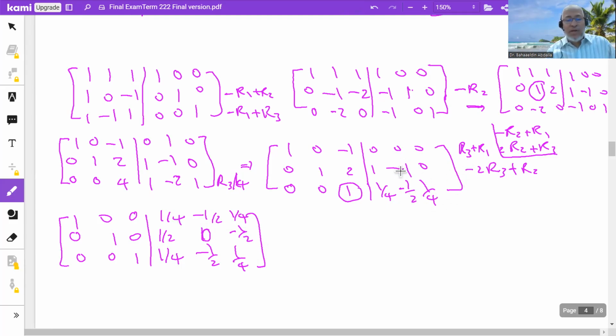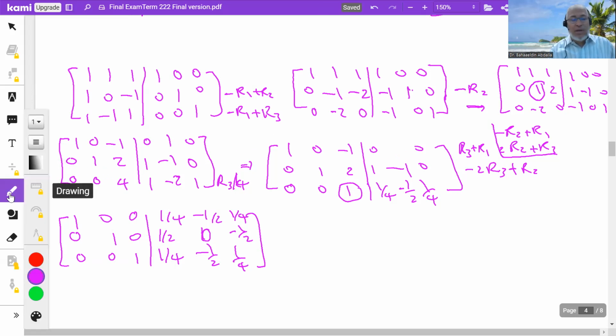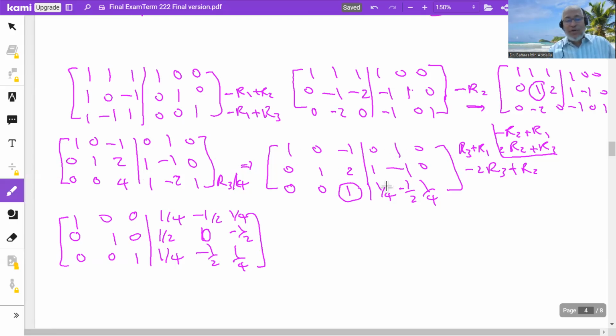R3 plus R1. Yeah, here it's not 0, it's 1. This is 1, so it should be here 1. A lot of mistakes. I'm sorry for that, but it was nice in my opinion. Negative half plus 1 is positive. To check that, how can you find your mistakes and use the calculator to help you.